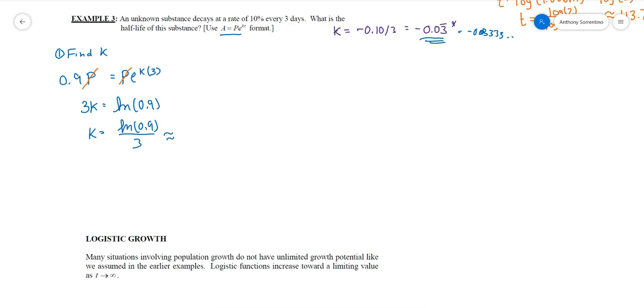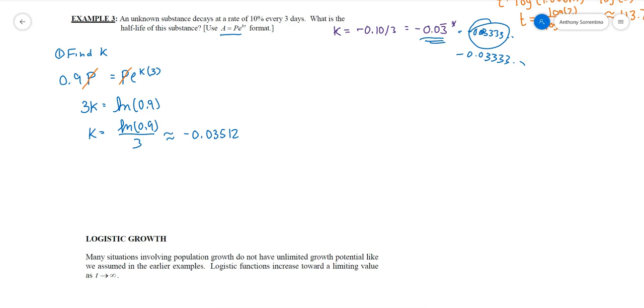And if you work that out, you get it to be approximately negative 0.03512. So as you see, close to what this was up here, although it's written sloppily. I'll write it a little bit better. Although close, not exact.